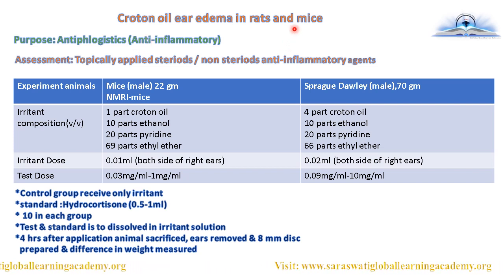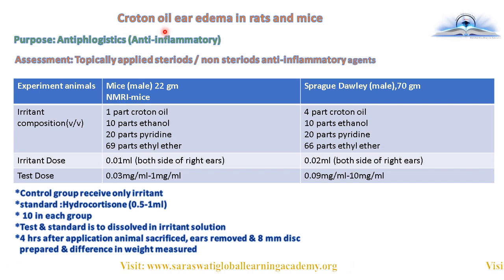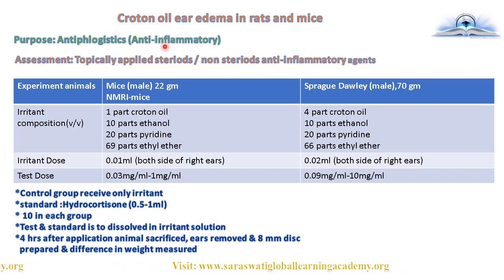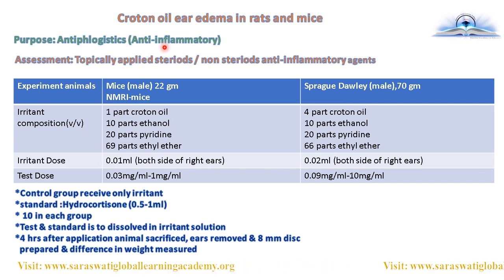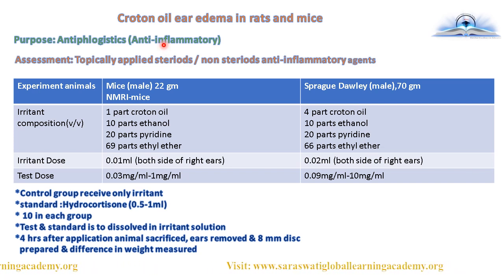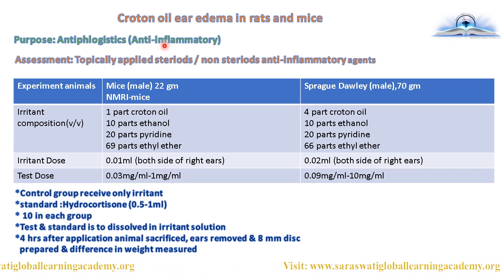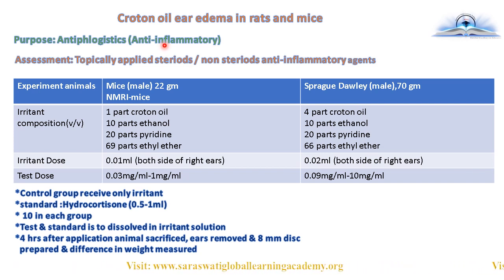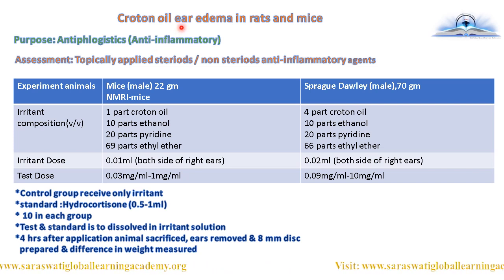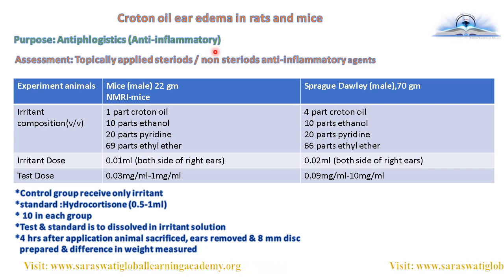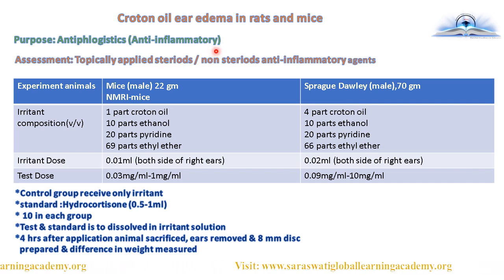Okay, so how does it initiate it? It is because the phorbol ester, which in short we say TPA, that is 12-O-tetradecanoylphorbol-13-acetate. So this is the constituent of the croton oil which is basically inducing inflammation.